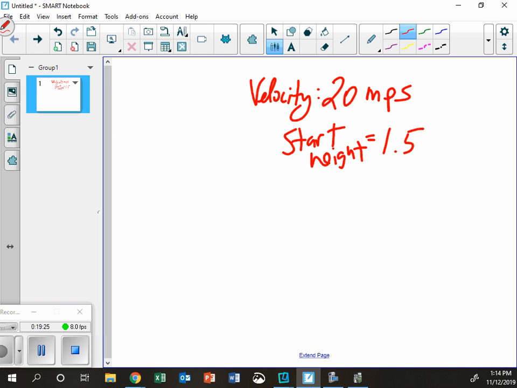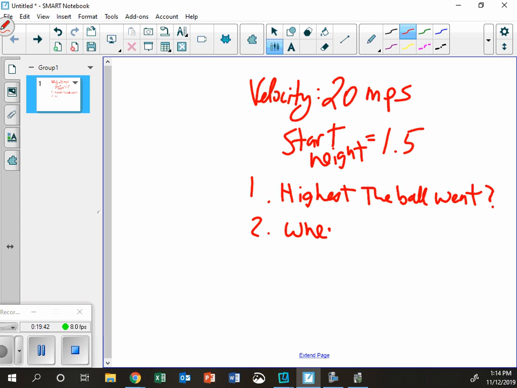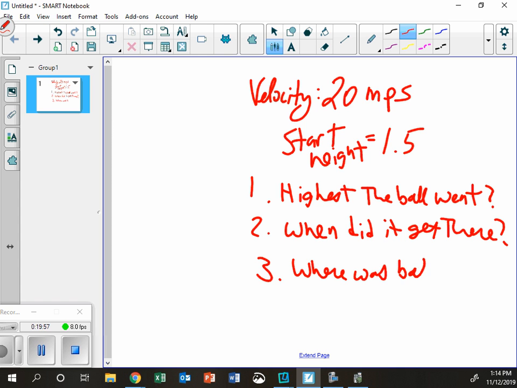And here's my question. Number 1, what's the highest the ball went? Number 2, when did it get there? Number 3, where was the ball at 1 second?